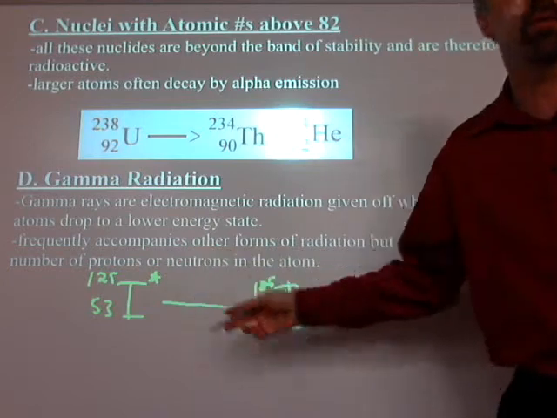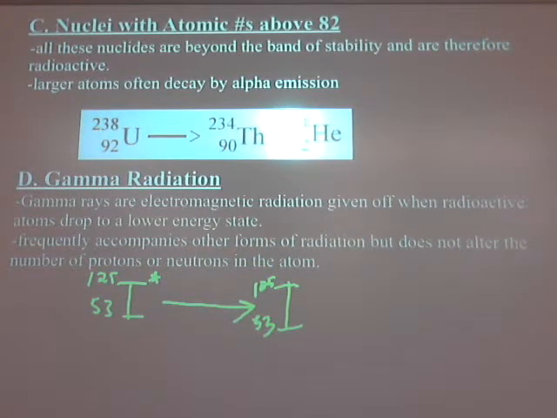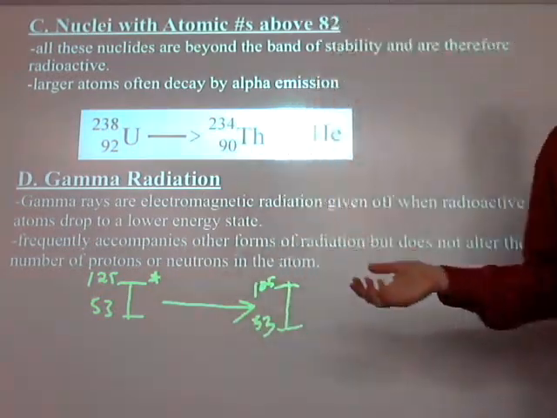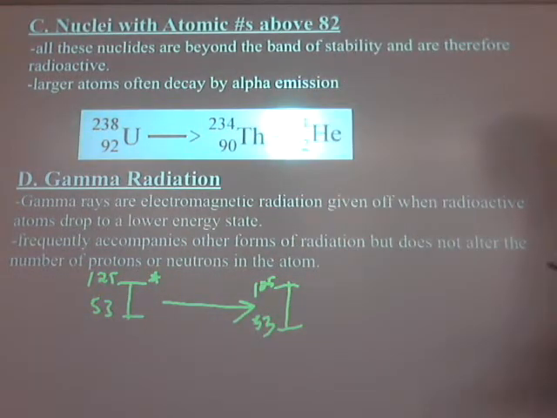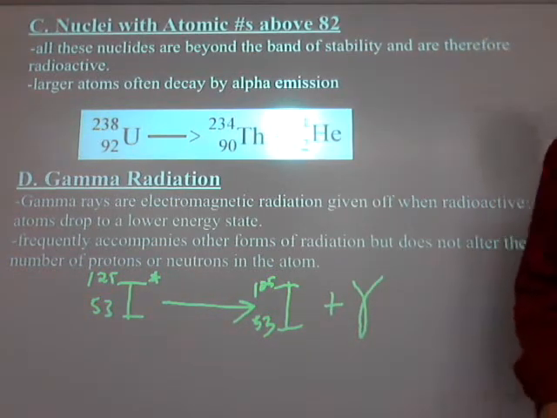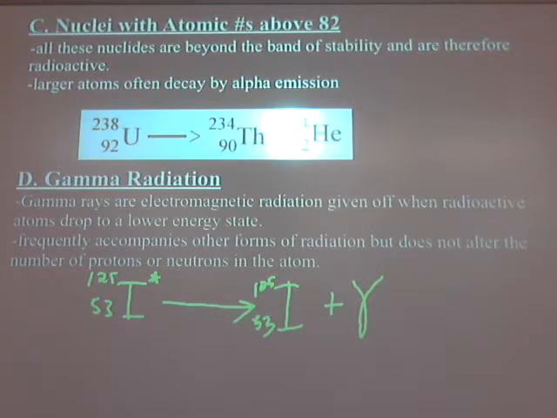That little asterisk or star that they sometimes put above the symbol is used to indicate an energized atom, an excited one. And there's your gamma radiation. Remember this? That's the symbol for gamma radiation.